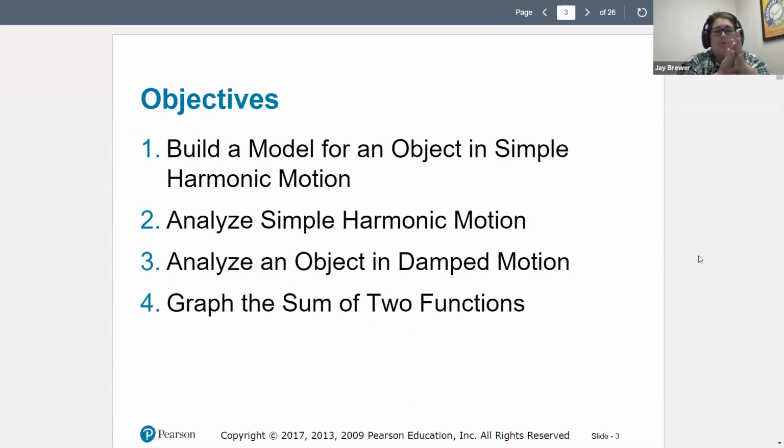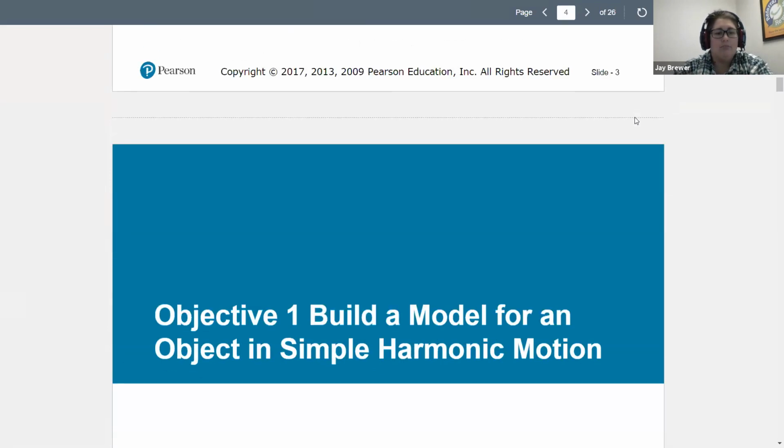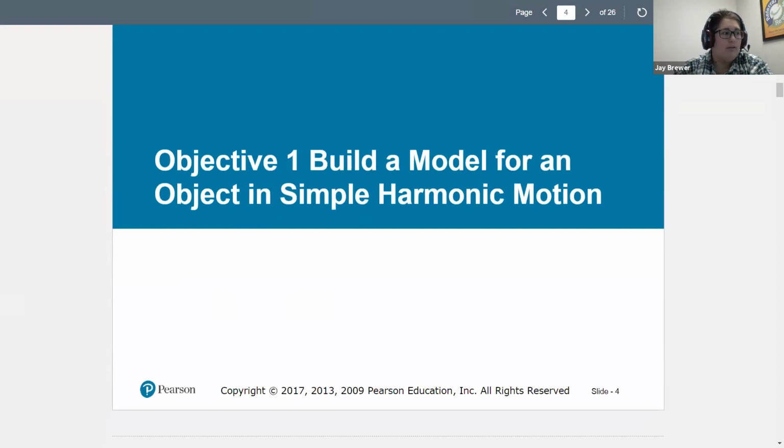Okay, so we're going to try to build a model for an object in simple harmonic motion. We're going to analyze simple harmonic motion, analyze an object in damped motion, and graph the sum of two functions. So I think you guys can kind of see with this section that we're definitely starting to overlap a little bit with physics.